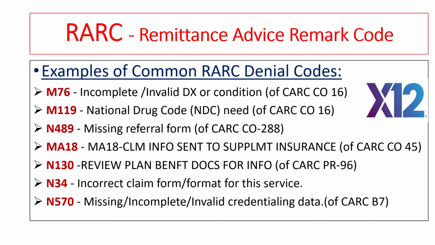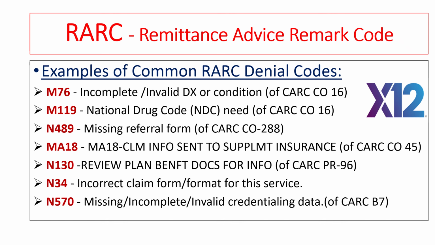Coming to N130, review plan benefit doctor information. Here plan benefit information is required. N34 is nothing but an incorrect claim form used, whichever format is used by the doctor. At that time we will get this remark code.